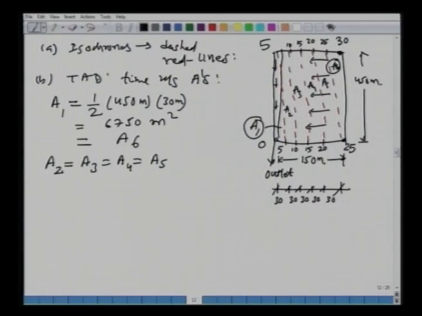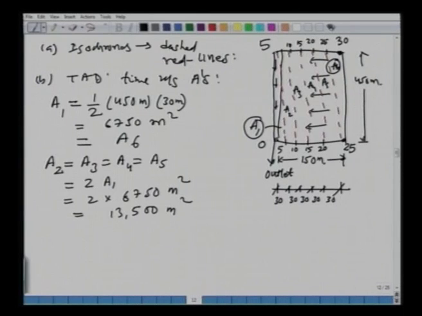Using this geometry, each is twice A1. One is a triangle, the other consists of twice that triangle. So, it will be twice 6750 square meters, which would be 13,500 square meters.